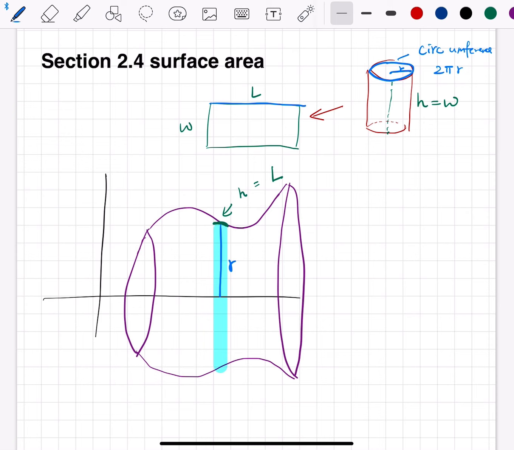So long story short, when we try to find the surface area, or S, you're just thinking about taking an integral, using the circumference, 2 pi r, multiplied by the height, which is the arc length.